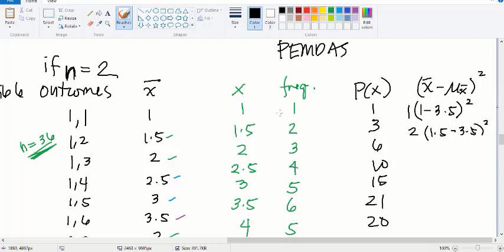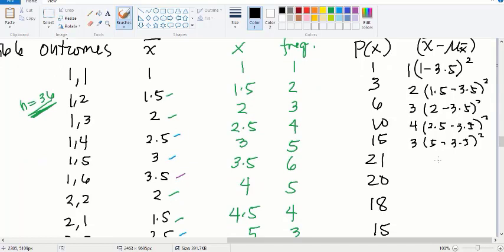PEMDAS. Okay? So, kahit ilagay nyo lang ito sa calculator, alam niya na yan. Or kung kayo mismo ang maggawa, dapat mag-follow kayo ng PEMDAS. Okay? So, this one is 3, and then 2 minus 3.5 square. Ito naman 4, 2.5 minus 3.5 square, and then ito 3 times 5 minus 3.5 square.